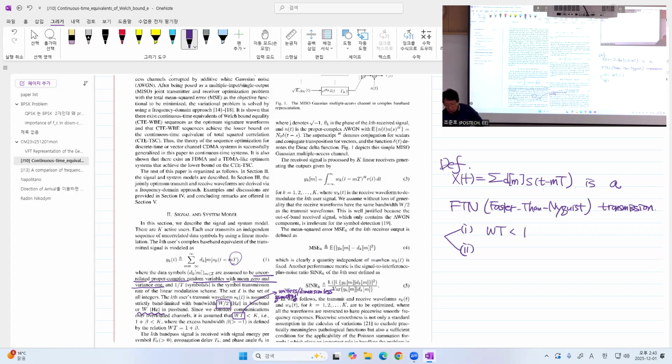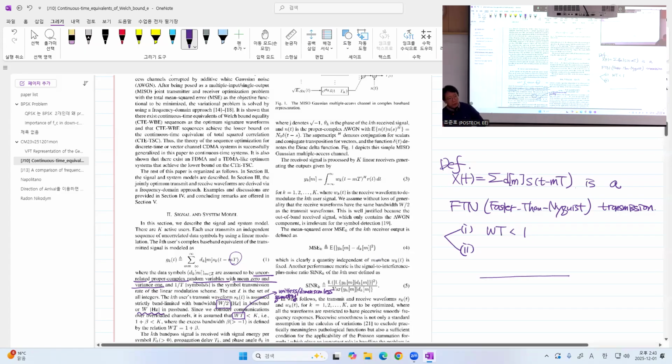What they do is that they just choose a square root Nyquist pulse for symbol transmission period T. So for example, if they choose a square root Nyquist pulse, then what do they have? They have this beautiful shape, right?